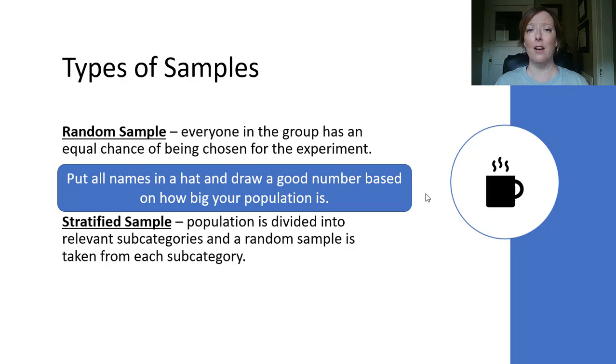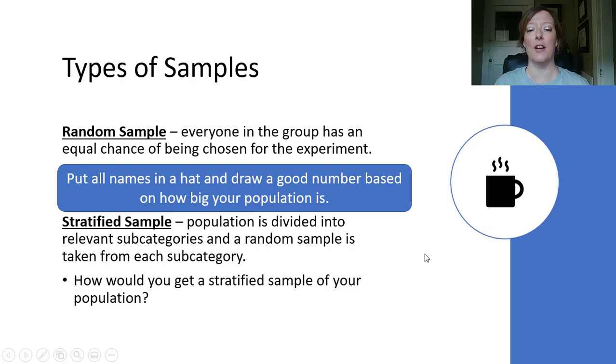So if you have, out of 100 teachers, 10 of them from social studies, you want to make sure that at least one person from social studies is represented in your sample. Once you have divided your population into the relevant subcategories, then you pull a random sample. So then you make sure that you pull one name from the subcategory of social studies.